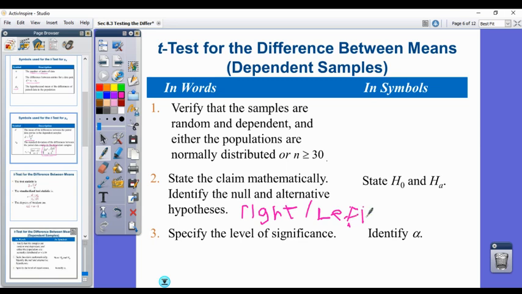Okay, I'm going to use this for right now, or two-tail. And then I'm going to restart once I finish this part before I do the examples.